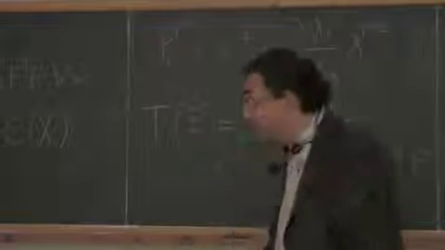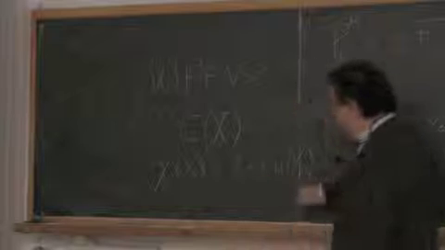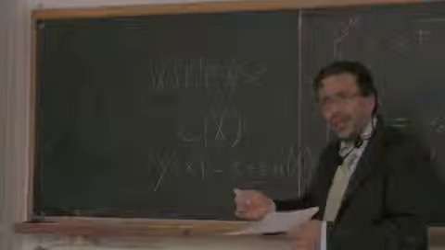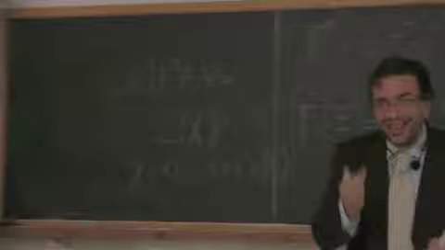Instead, you can consider small deformation by assuming that chi of X is equal to capital X plus epsilon, a displacement U of X. And this displacement is small. This is another smallness.